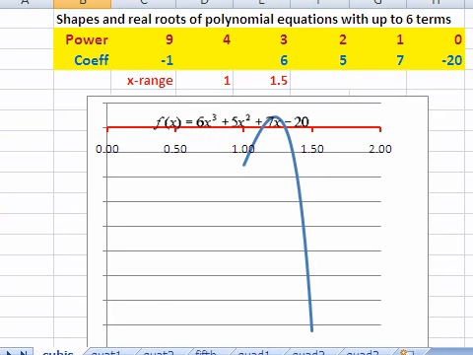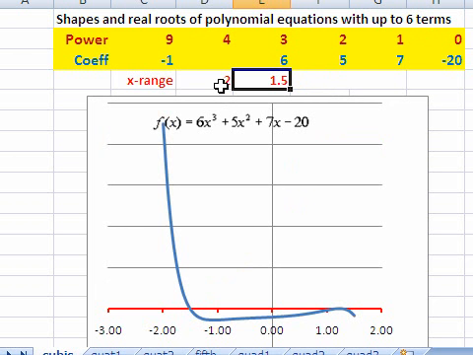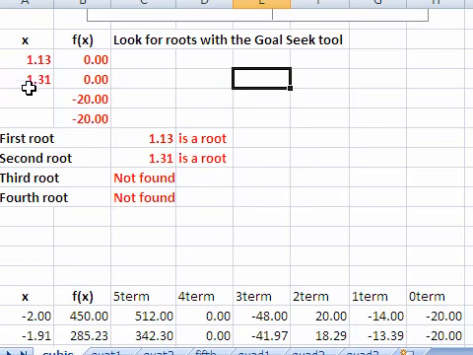And if we go back now to minus 1, minus 2, okay. At minus 1.5, it looked like there was a root. So we could check that as well. Minus 1.5.